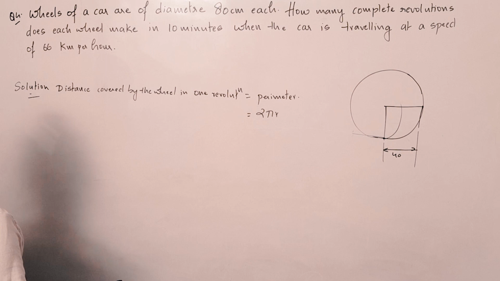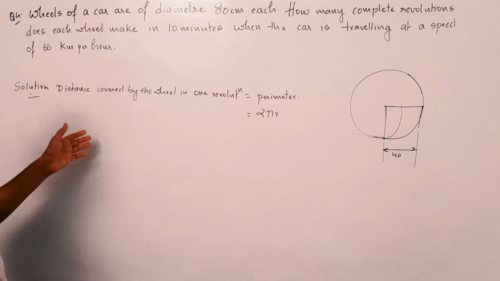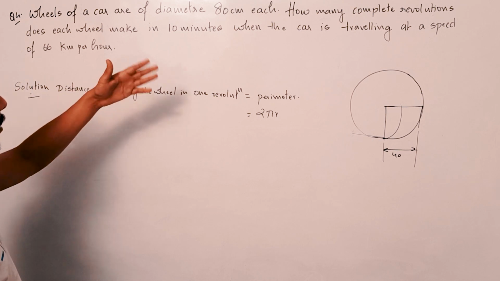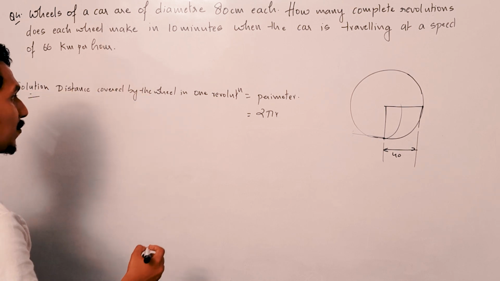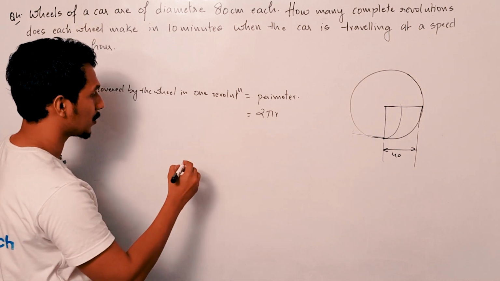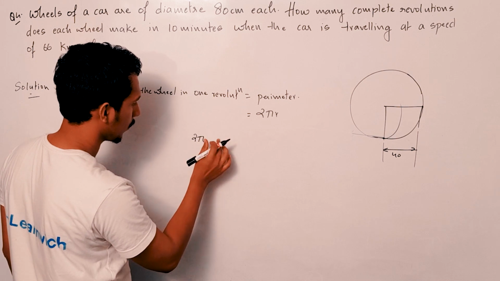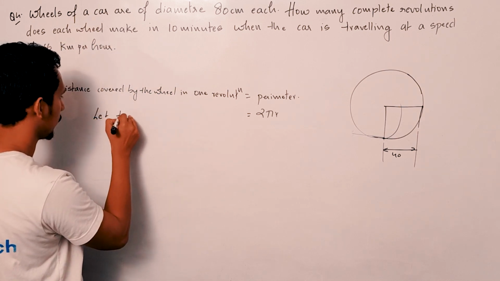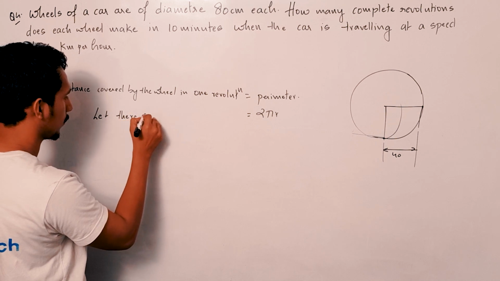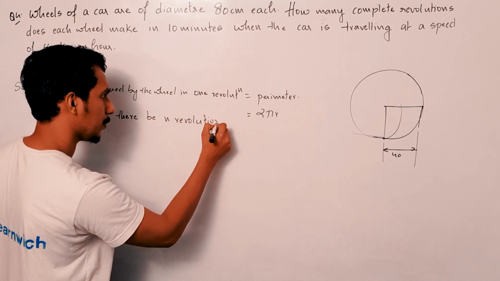My question is, how many such complete revolutions does the wheel make in 10 minutes when the car is traveling at a speed of 66 km/h? So I have to find out how many revolutions. So let's say 2 pi r, let there be n revolutions. Okay, we're slowly starting to apply our brain here.